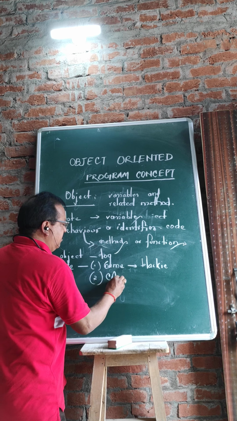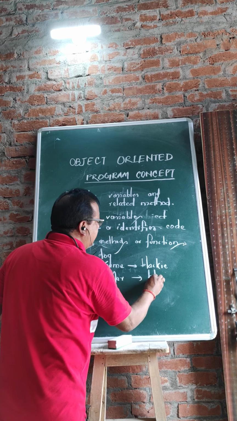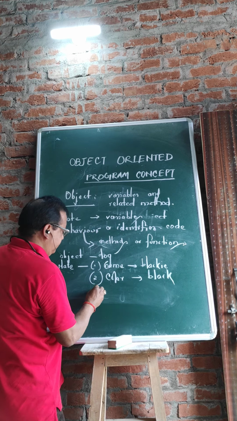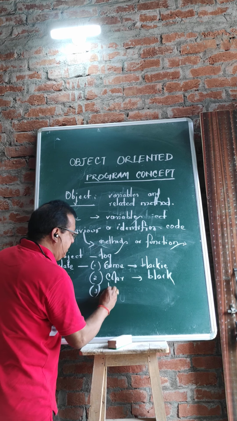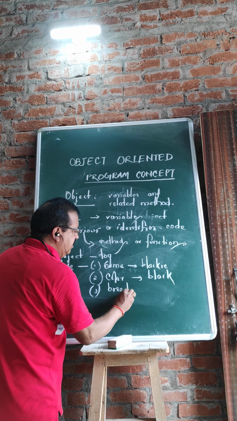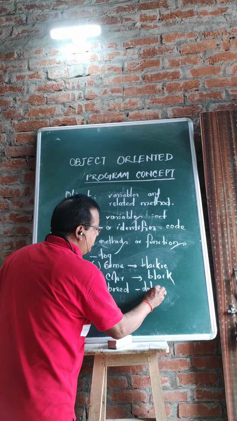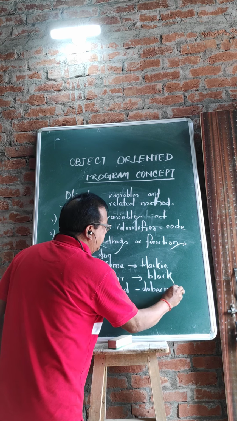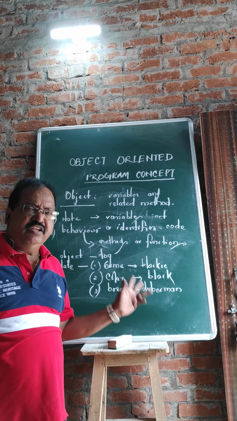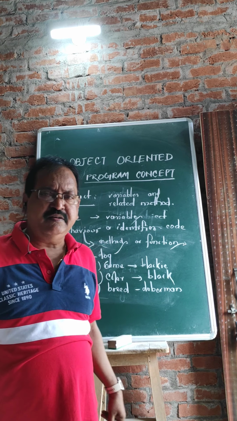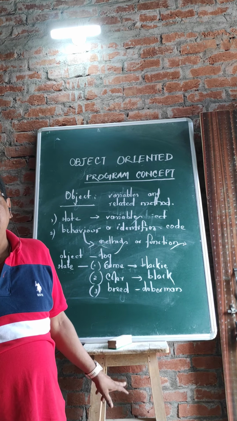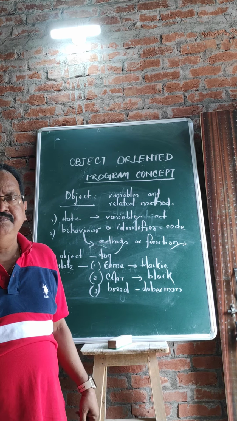Color, black. Breed, Doberman. So students, through these three variables or identifiers, I have identified the state of an object called a dog.